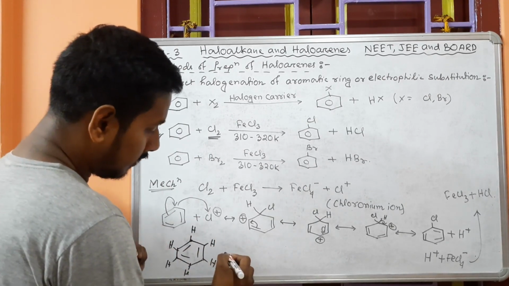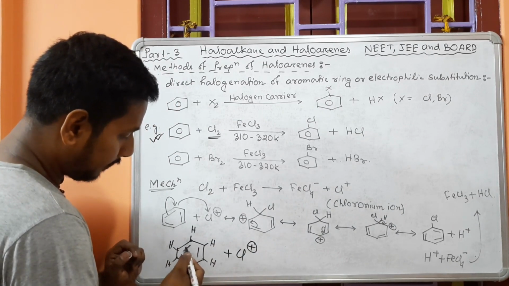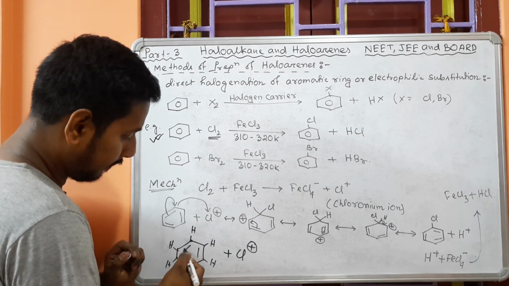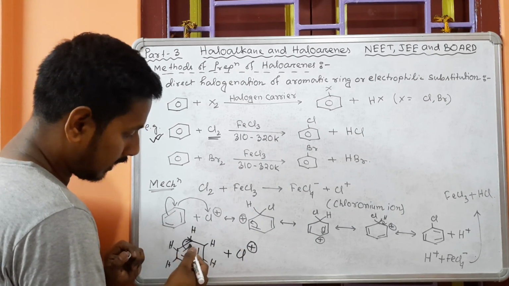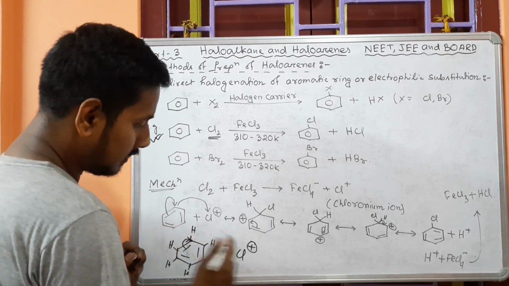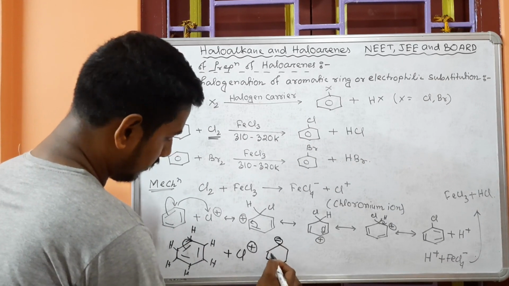When you add Cl plus to this, what happens? The electrons of this pi bond come to this carbon atom, and this carbon atom is converted like that, with a minus charge.